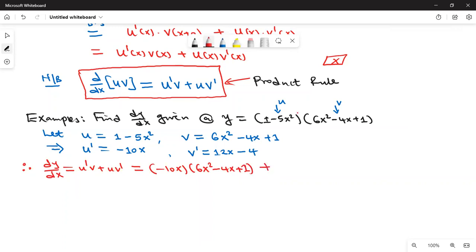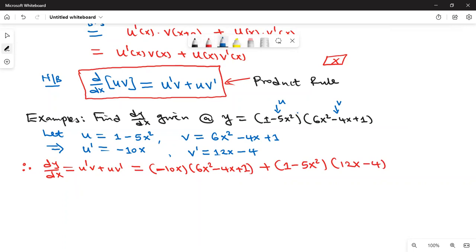Then we are adding this to u, which is 1 minus 5x squared, times v prime, which is 12x minus 4. That is our derivative, but it's better that you simplify your answer.